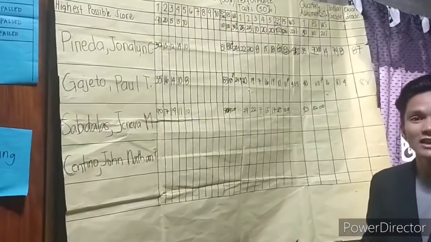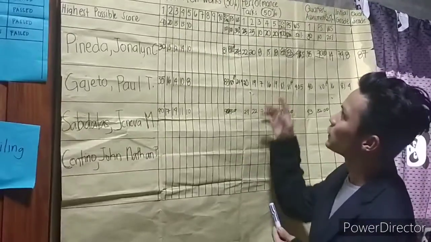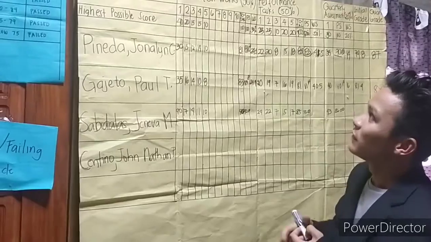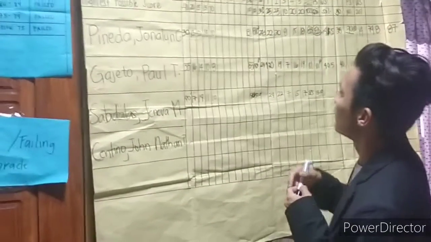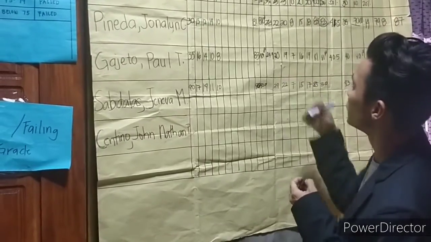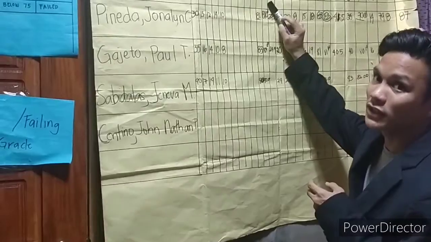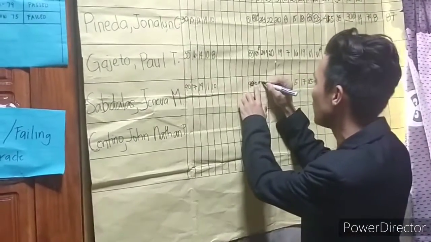And let's proceed and solve the weighted score. For the weighted score of Geneva Sabidalas, for the written works, she got 92.00 and it will be multiplied by 30%, and she got 27.6.